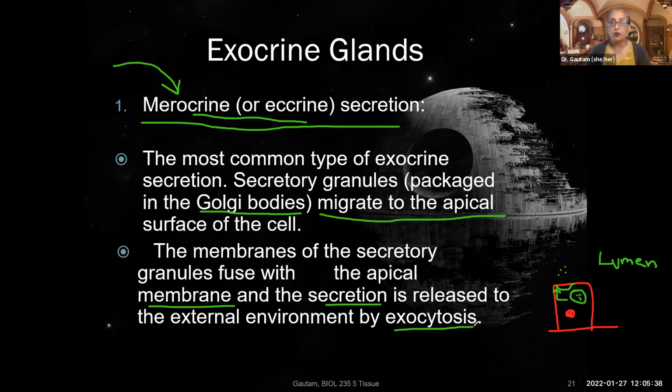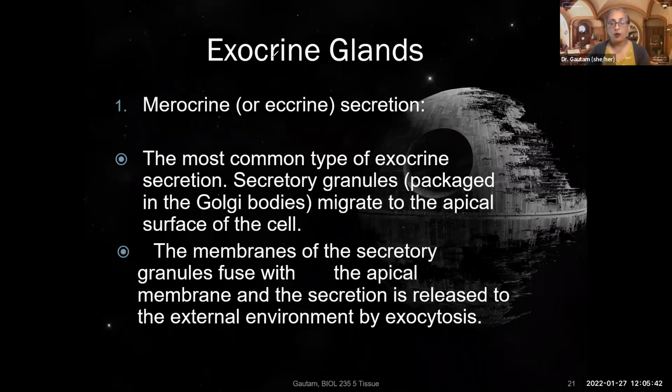Okay, so one mechanism of secretion, how secretion occurs from an exocrine cell, is through eccrine or merocrine secretion. What is that? It is the fusing of the vesicle with the plasma membrane, which opens up, and the contents are then released. So what is another way of secretion? The next is called apocrine.